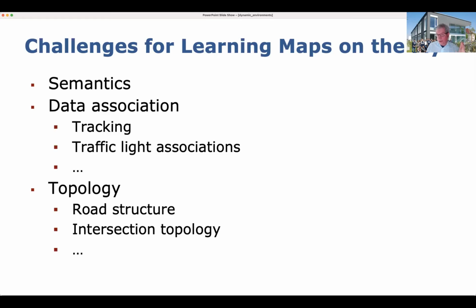Is a particular traffic light relevant for the lane I'm currently in is one of the really hard problems in this context. This is information that you typically find in these HD maps. Then you also want to learn about the topology of the road structure, and in particular, the intersection topology, which is an extremely hard problem.